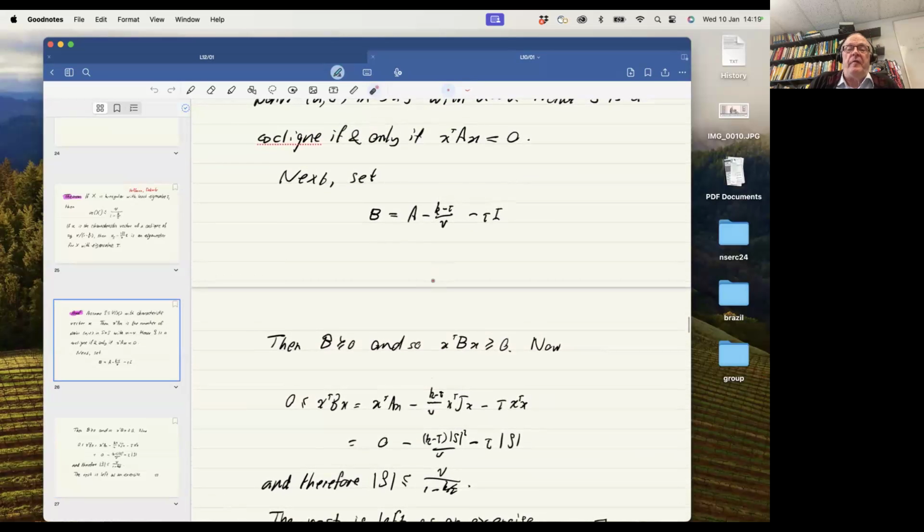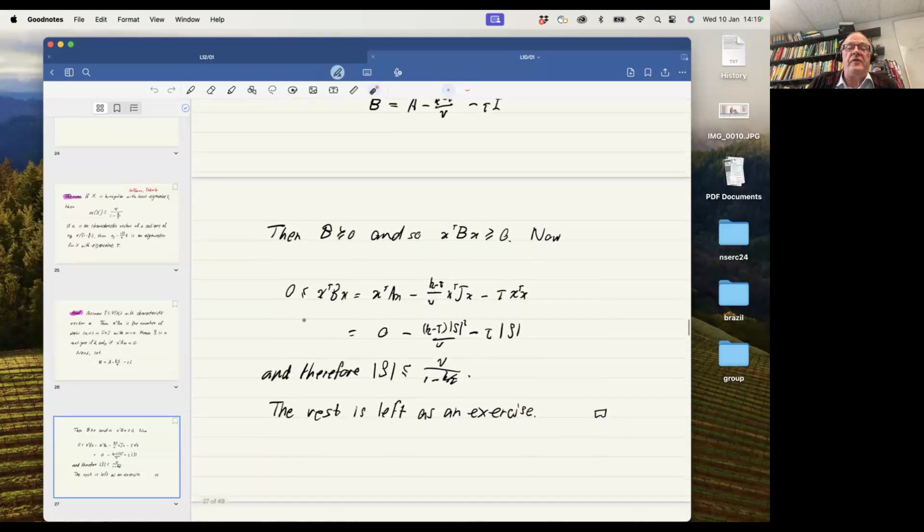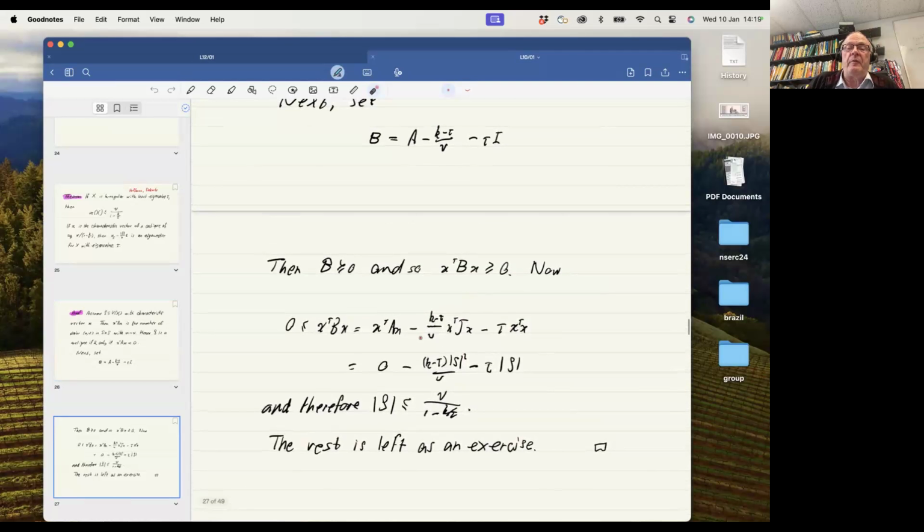Okay, so I've done that. So B is positive semi-definite, and so X transpose BX is greater than or equal to 0. And so now we just do the expansion. X transpose BX is X transpose AX, and here's where the J should be. So we get this term corresponding to the second term, and so we have 3 terms. Now the first term is 0, because we're dealing with a co-clique.